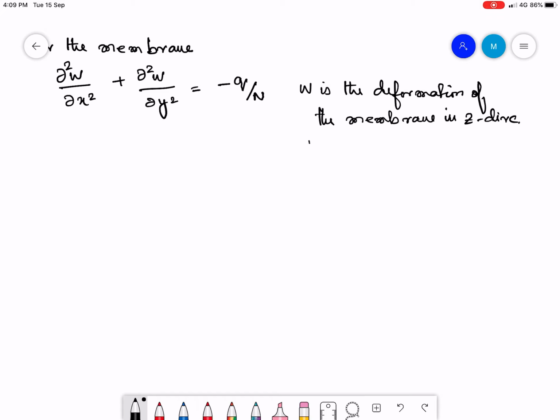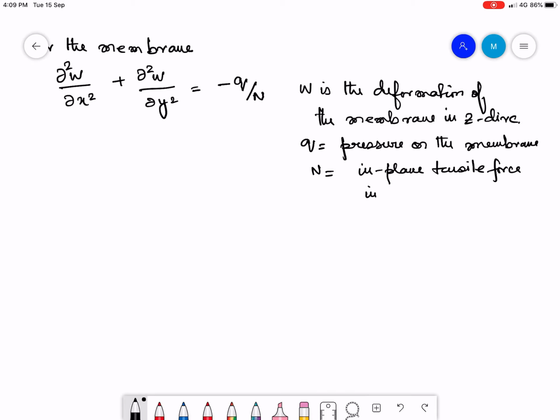Q is the pressure on the membrane, and n is the in plane tensile force in normal direction, force by length.